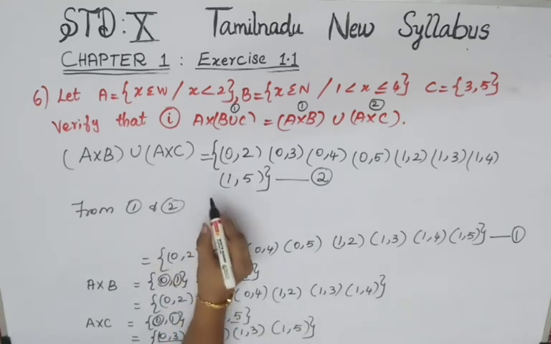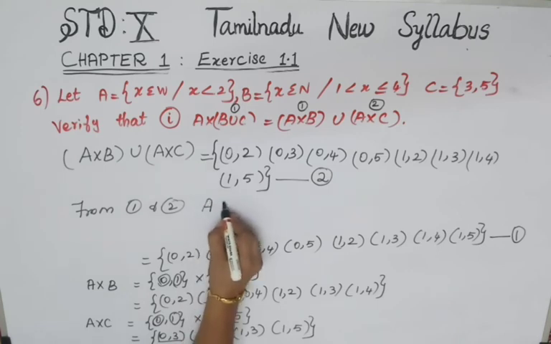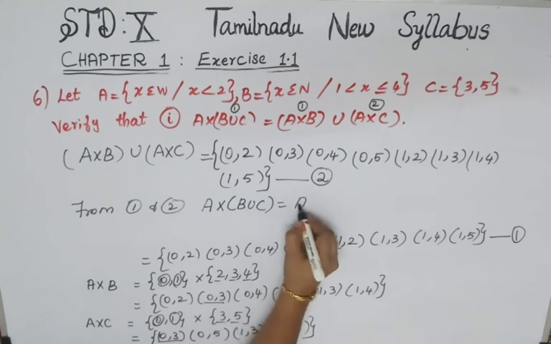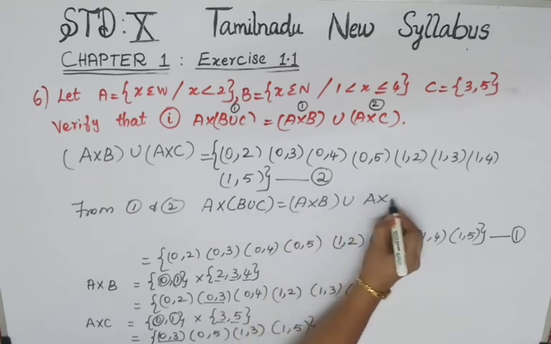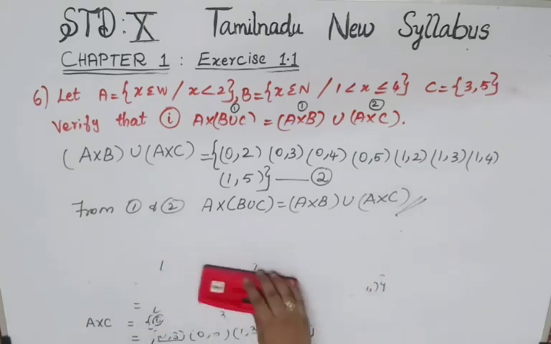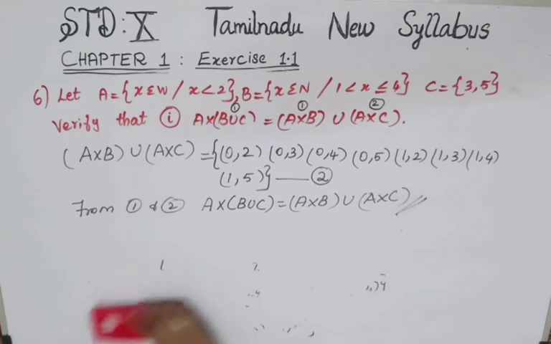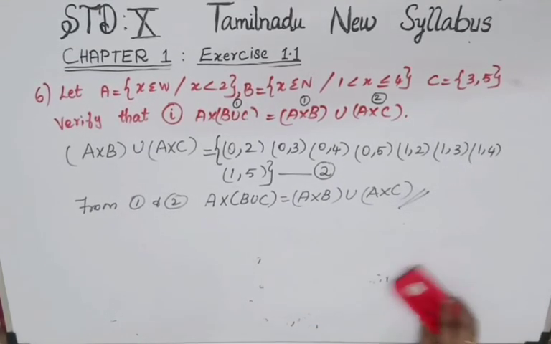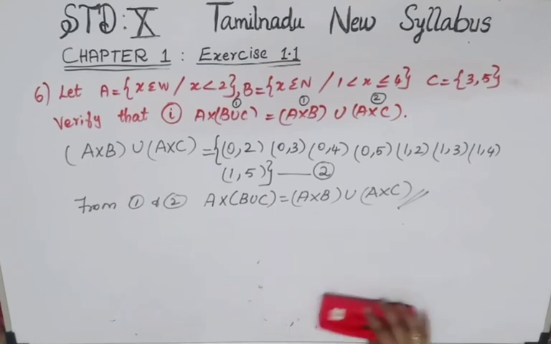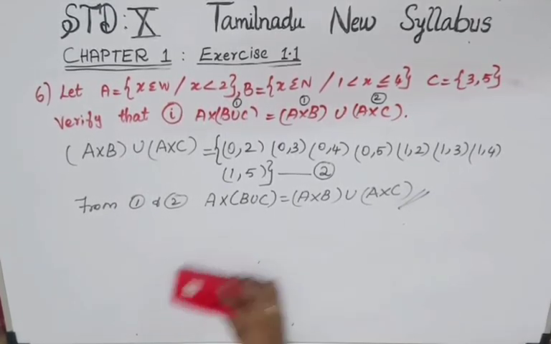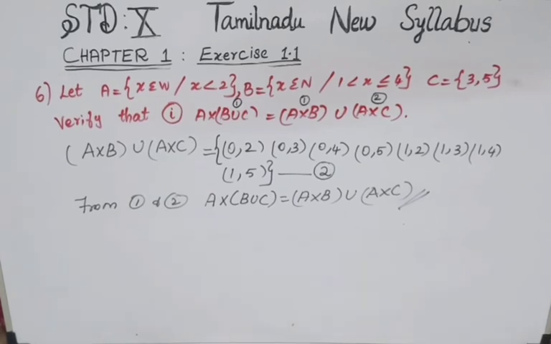From 1 and 2, what they have asked you to prove is proved. So A × (B ∪ C) = (A × B) ∪ (A × C). Therefore we have proved from 1 and 2 that the answers are equal. So with this, the sixth question, first subdivision, is done.